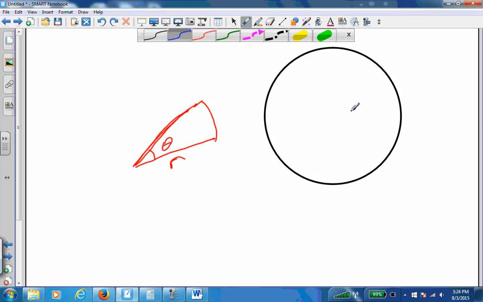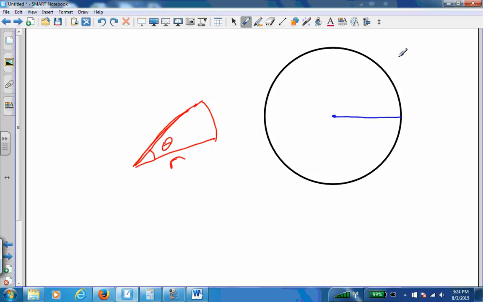Let's say we have a circle. How do you calculate the area of a circle? Pi r squared.